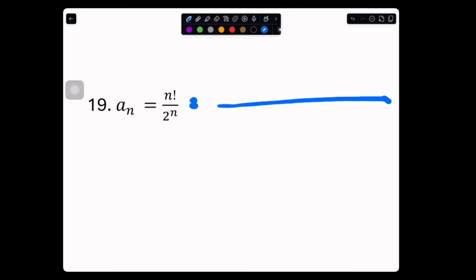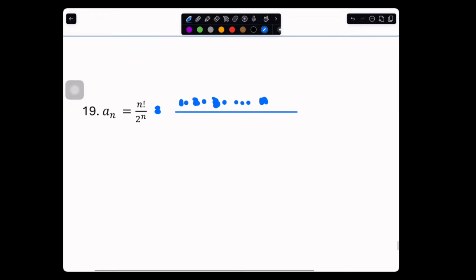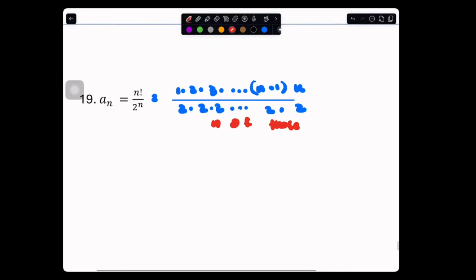So I'm going to write it the same way. N factorial, by definition, we'll write it backwards so you guys can see the logic. So this here is 1 times 2 times 3, all the way up to n minus 1 times n. That's my numerator. And then I have, under every one of those terms, 2. I have n of these terms. Okay.